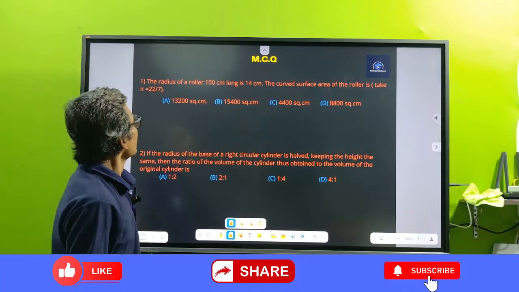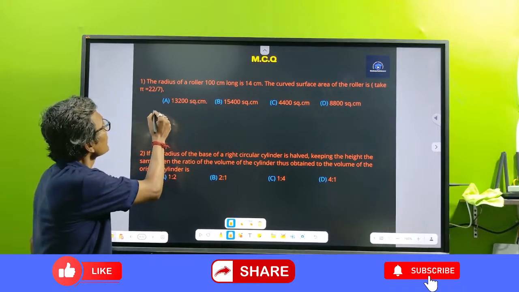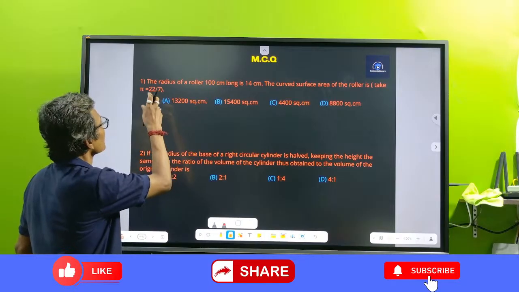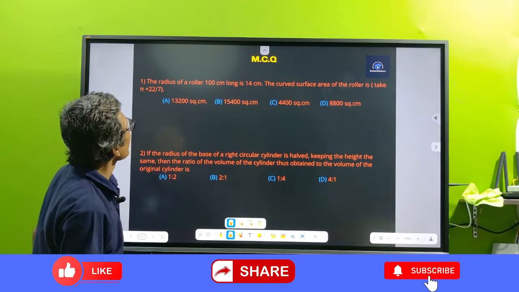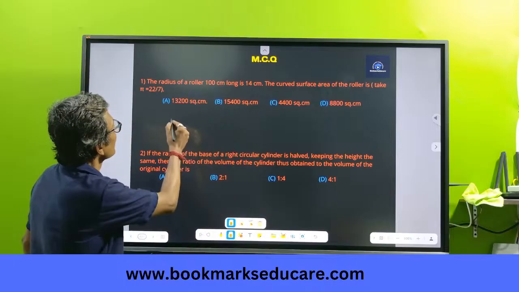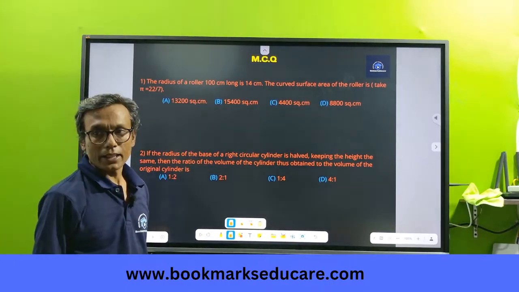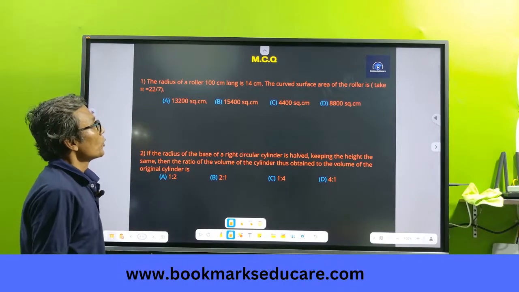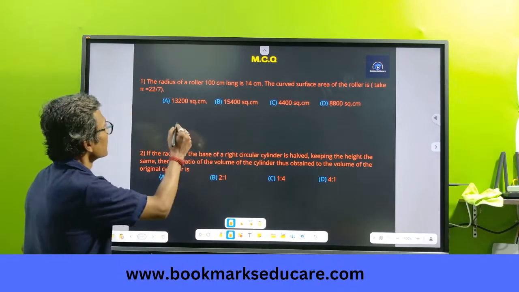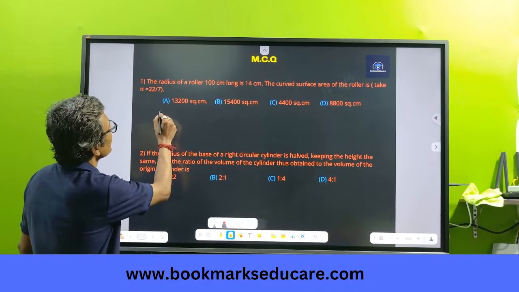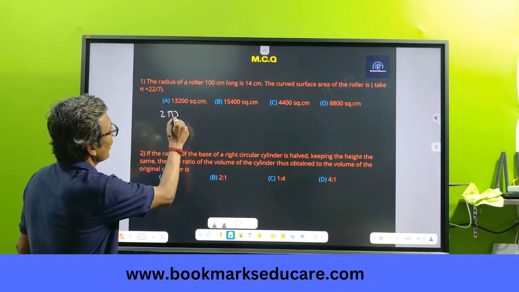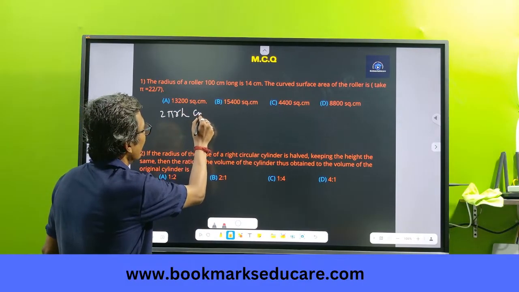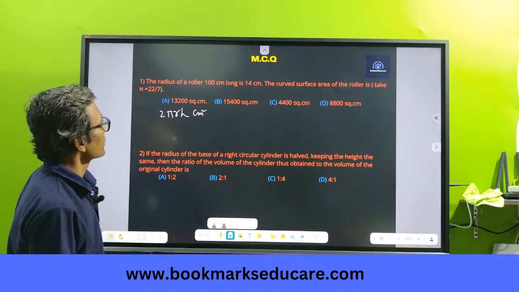The formula of curved surface area of a roller, meaning a cylindrical body, is 2 pi RH centimeter square, because the unit is centimeter.